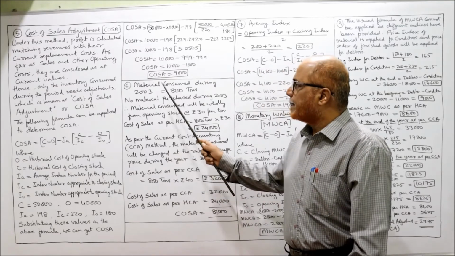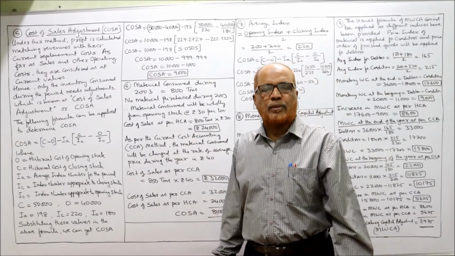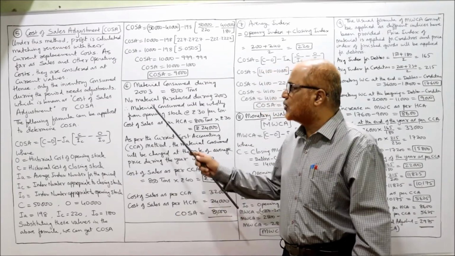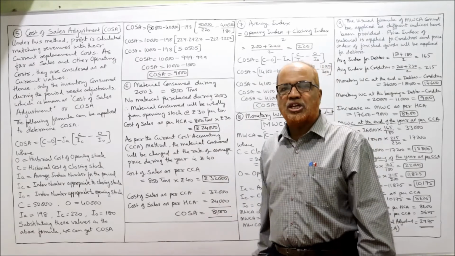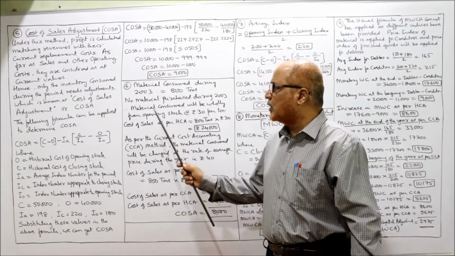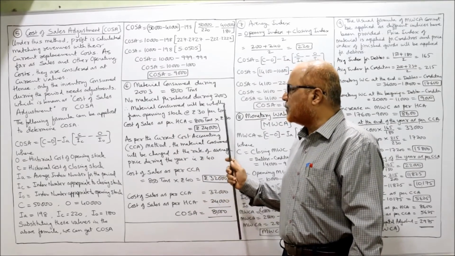Now see here carefully. Material consumed during 2003 is 800 tons, given in the problem. During the year, 800 tons material was consumed. No material purchased during the year. Only we have opening stock. Material consumed will be wholly from opening stock at 30 rupees per ton.